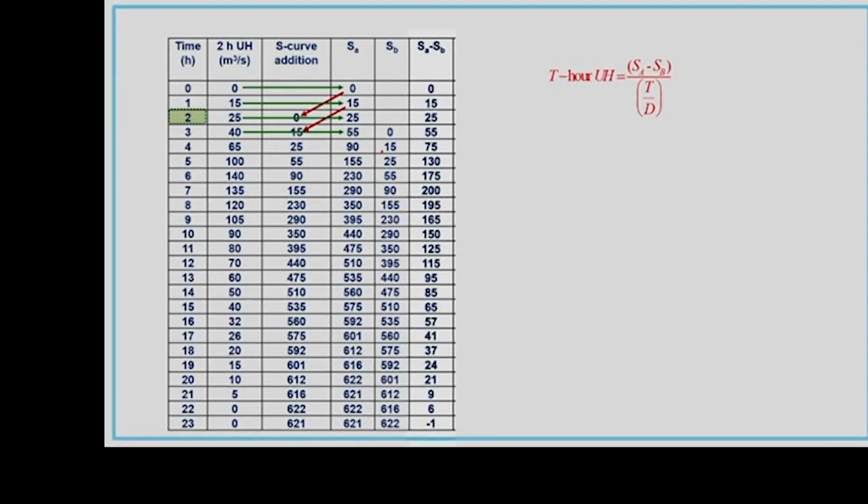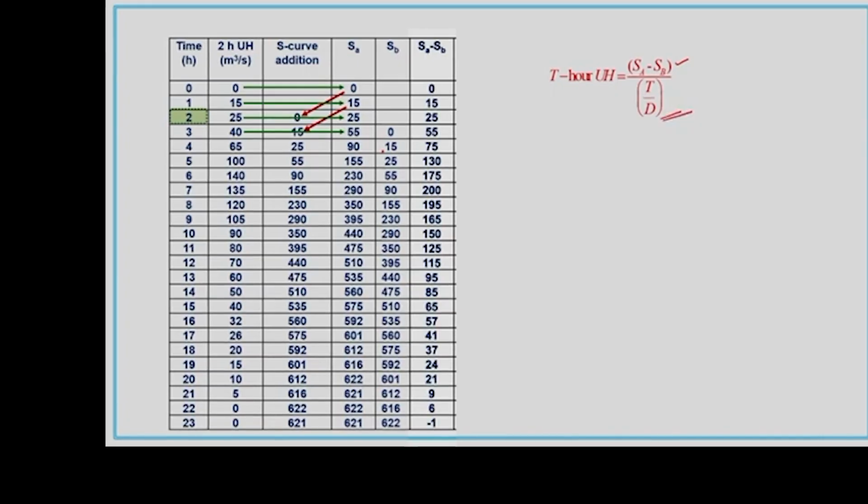So, the rainfall depth is not 1 centimeter; it is the direct runoff hydrograph corresponding to a rainfall depth of T by D centimeters. So, the T-hour unit hydrograph can be obtained by taking the ratio SA minus SB divided by the depth of the effective rainfall, that is T by D.